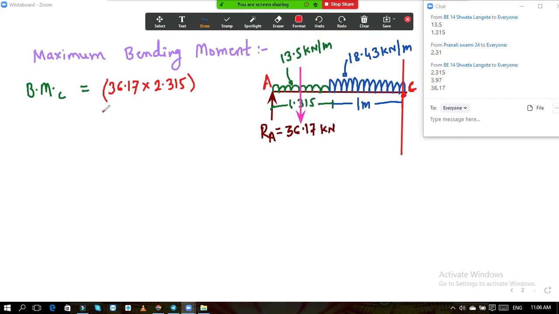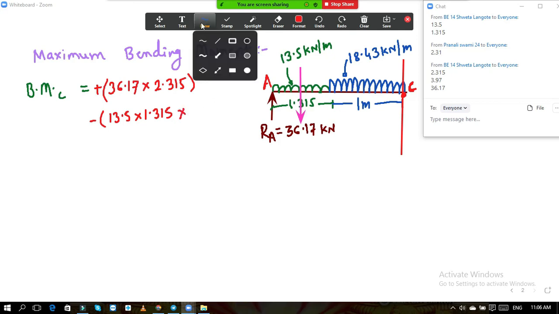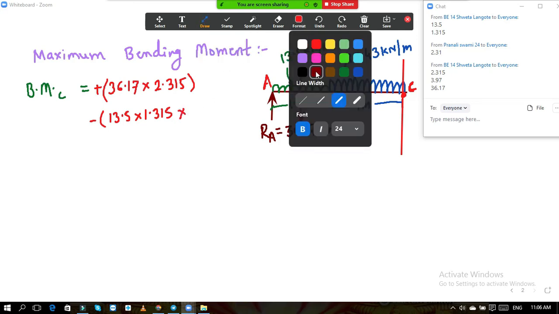So here it is 13.5 into 1.315, the conversion of UDL into the point load. It is minus, and this term is plus, into its distance.